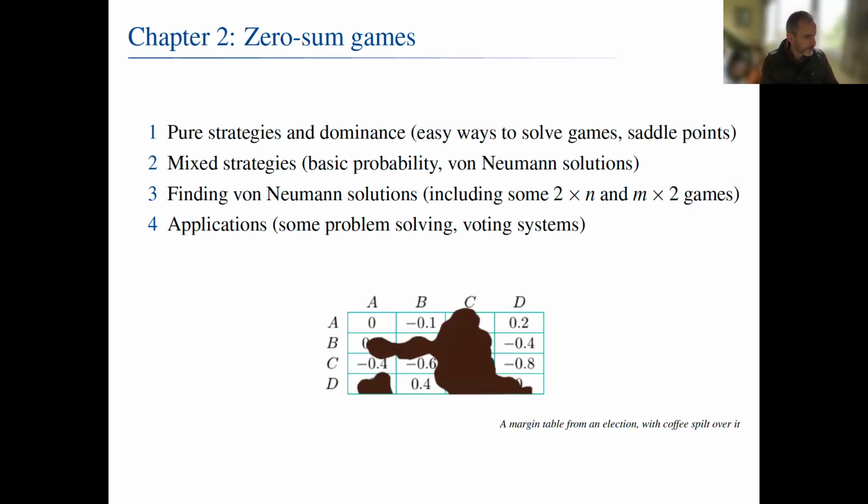And then finally we close with some applications: problem solving, setting things up as games, and a section on voting systems, which is where this final picture comes from. I was impressed by my colleague's ability to draw a natural-looking coffee splodge over a margin table from an election, with the idea that students then have to reconstruct the numbers.